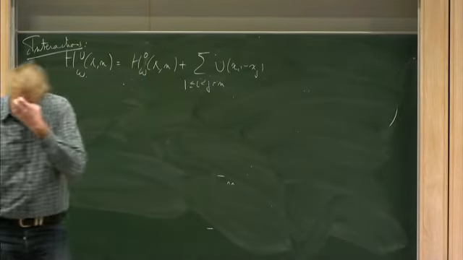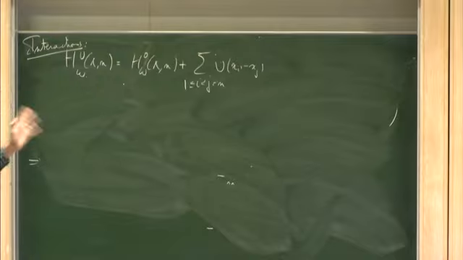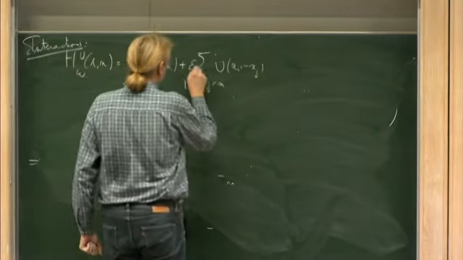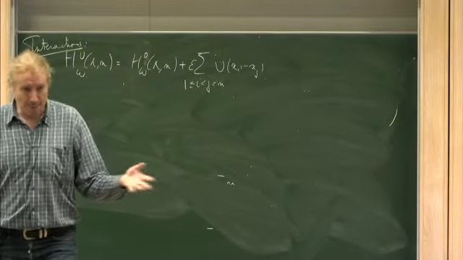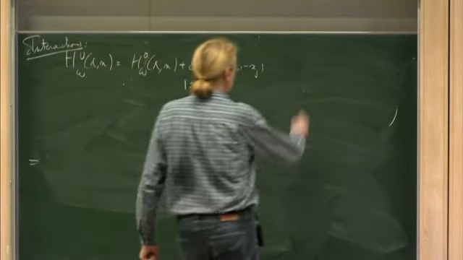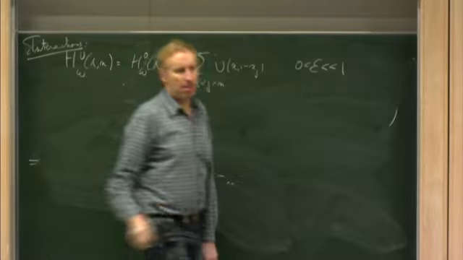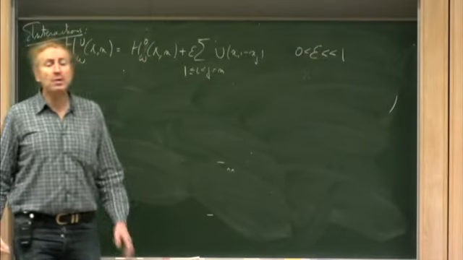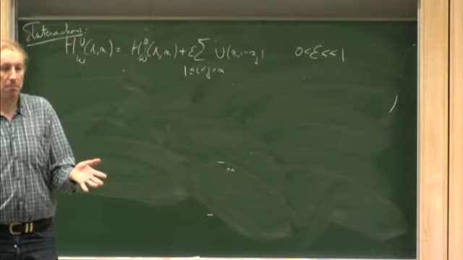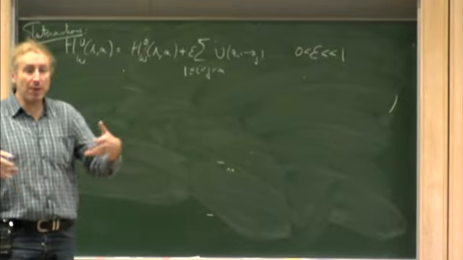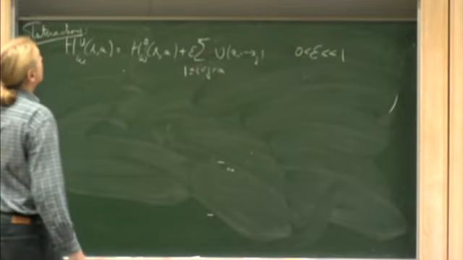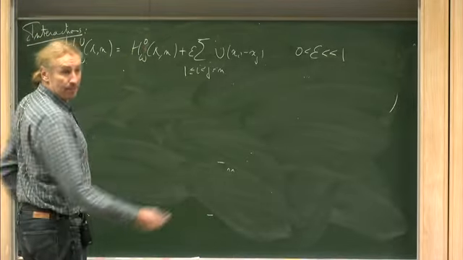If you want to add the interactions, let's do something very simple. Put the perturbation parameter epsilon, and assume that epsilon is very small, and try just to do simple-minded perturbation theory, first order or second order, to understand what's happening. Okay?